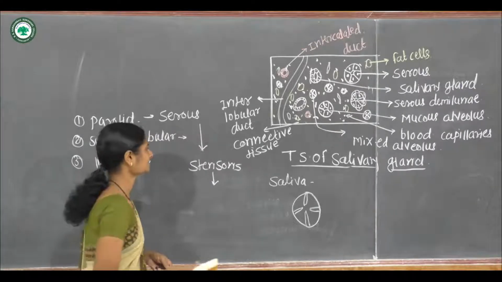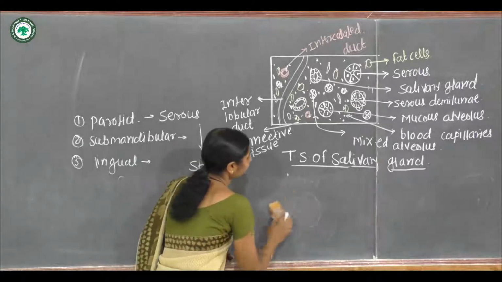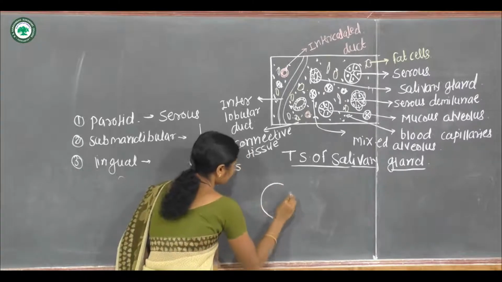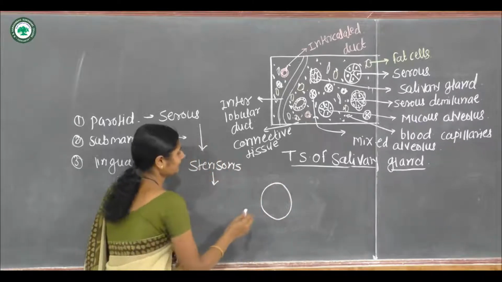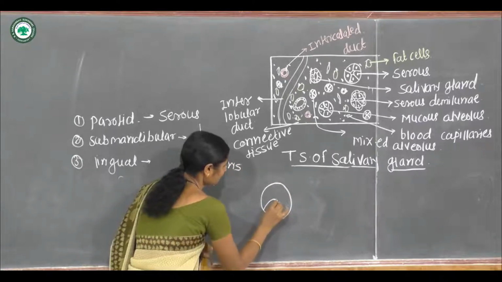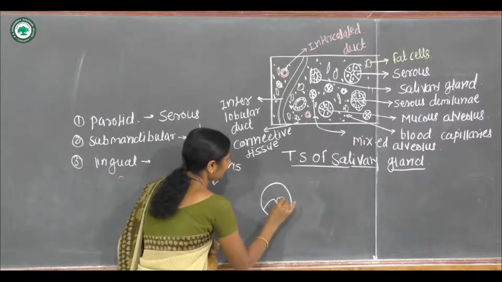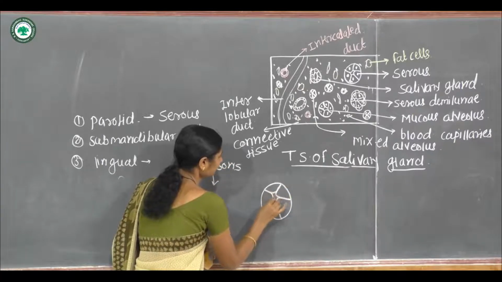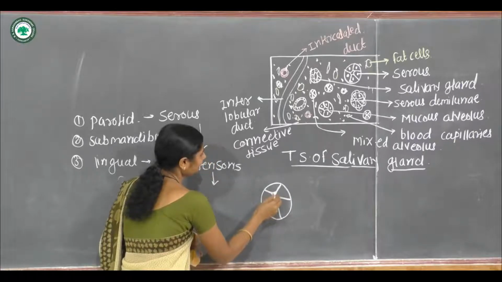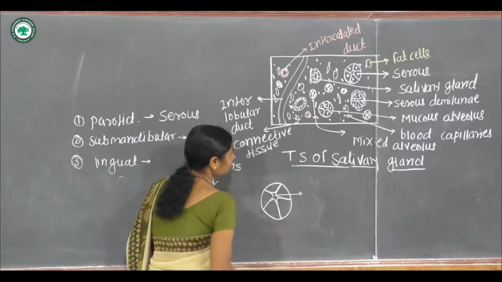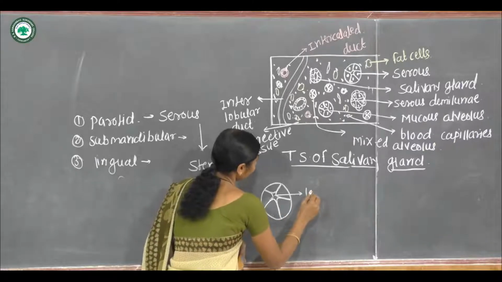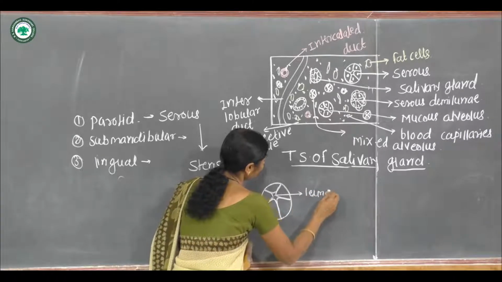The serous cells are rounded, mainly pyramidal in shape. Here I am drawing a simple diagram. These serous cells are pyramidal in shape, and in the center a star-shaped lumen is formed.